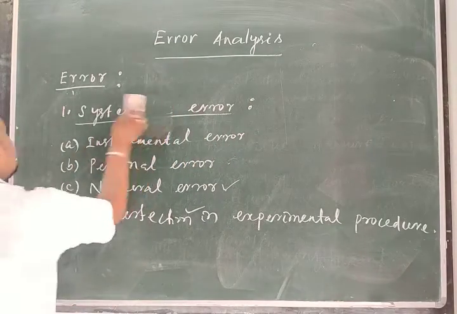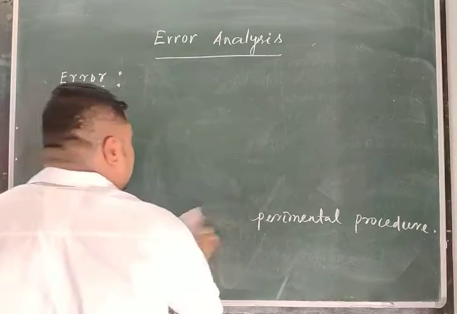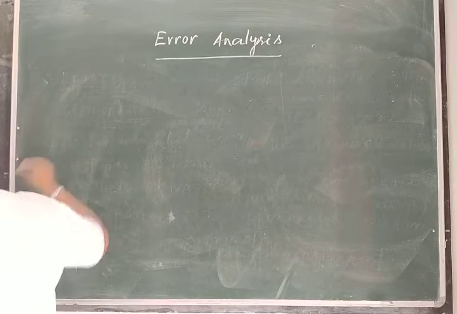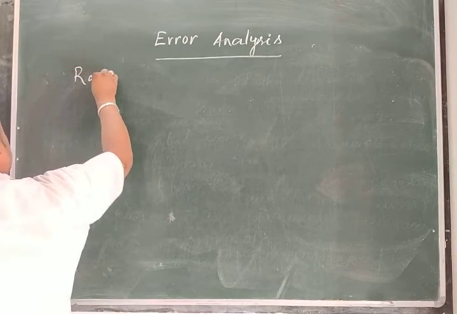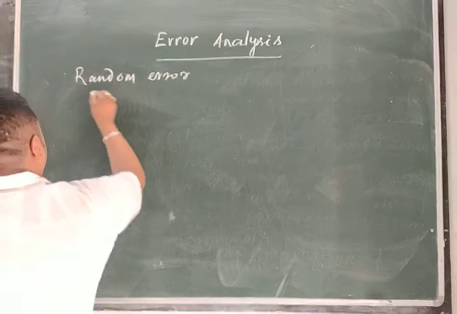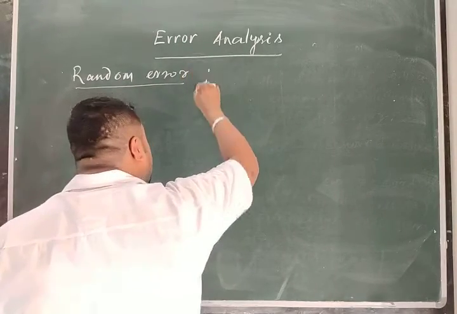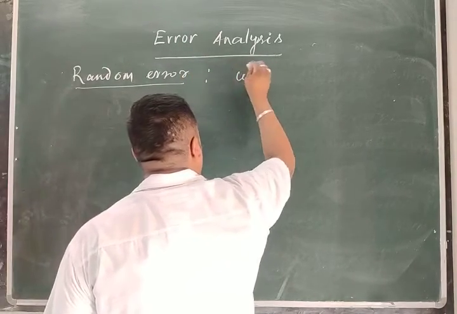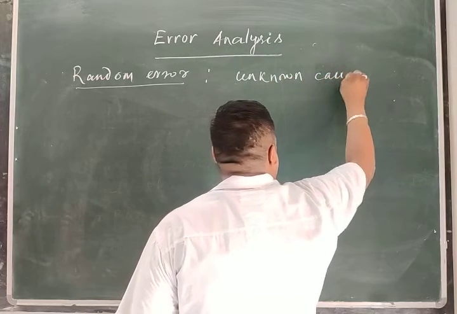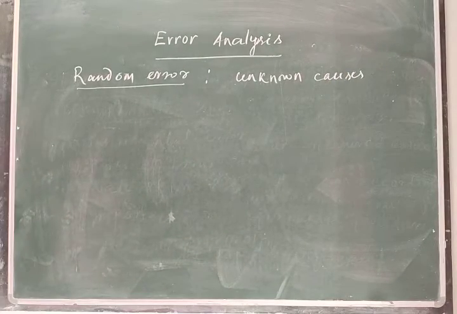Now comes the most important one. The second type is the random error. Remember, this second type of error is the one we should analyze, because this random error is because of unknown causes.